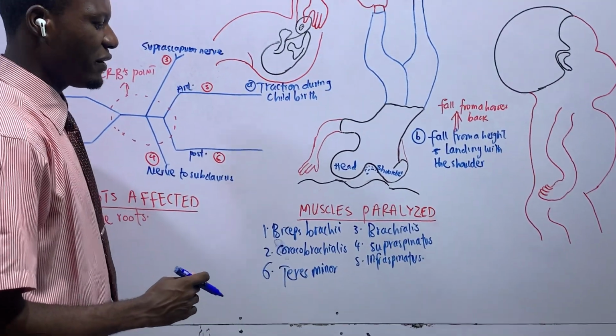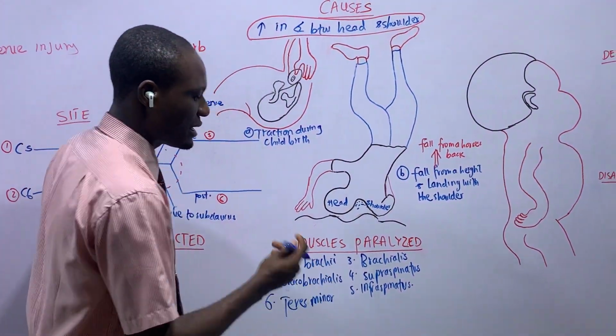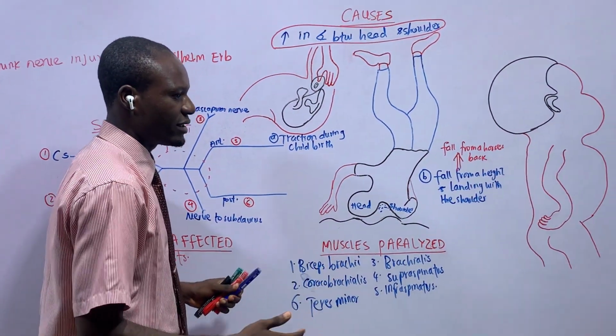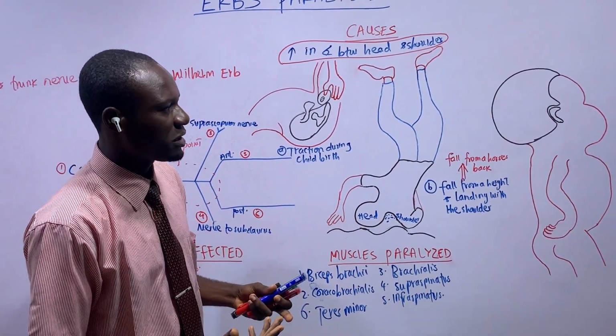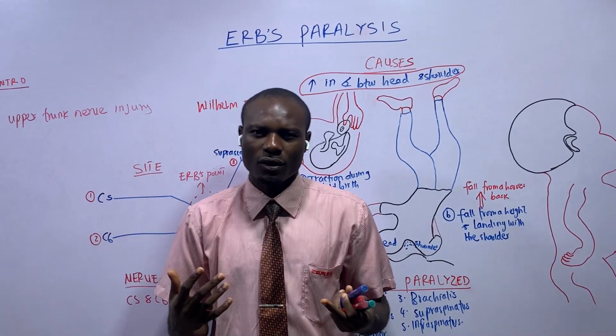It's also going to be affected. So these are the muscles that are affected in Erb's paralysis. And once these muscles are affected, they will lose their function. Loss of function of these muscles will cause some deformities.